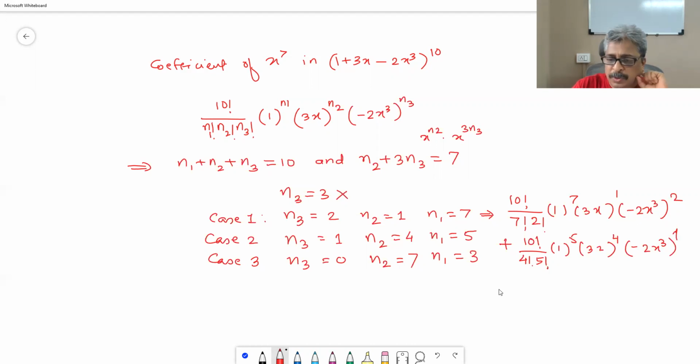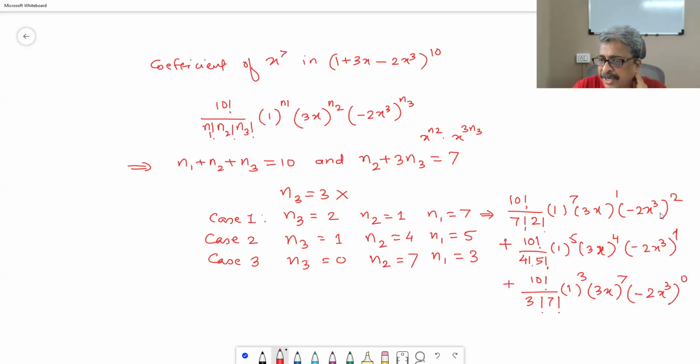This is positive. And the third term is 10 factorial divided by 3 factorial, 7 factorial into 1 raised to 3, 3x raised to 7 and minus 2x cube raised to 0.